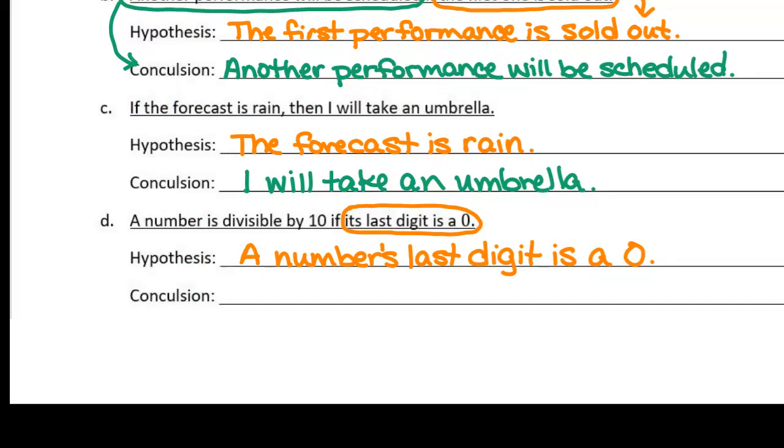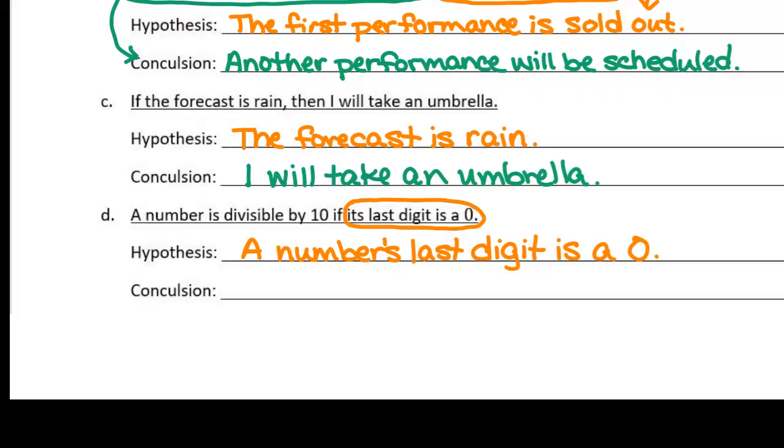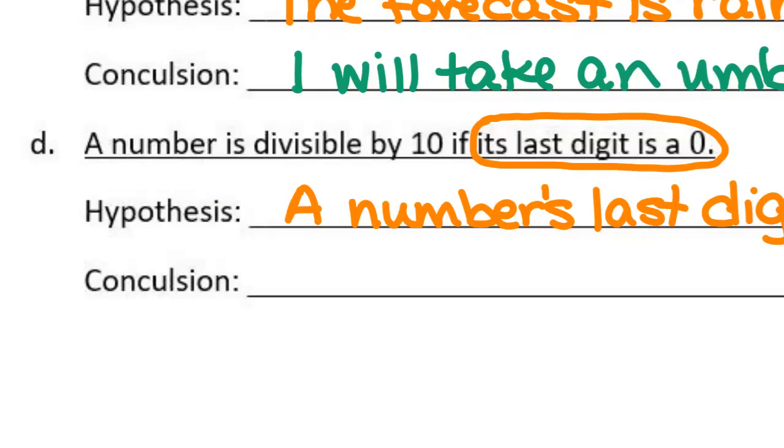So what would my conclusion be then? If a number's last digit is 0 is my hypothesis, yes, a number is divisible by 10.